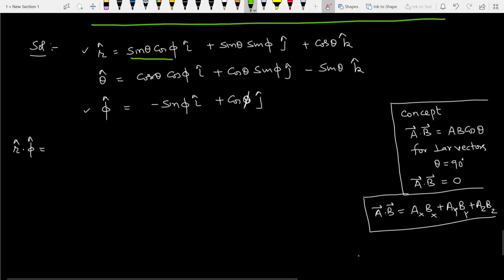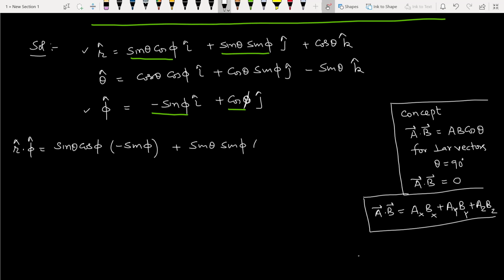Their dot product will be x component into x component, sin theta cos phi into minus sin phi, plus y component into y component, sin theta sin phi into cos phi, plus third component into, as here is no third component, so we write here 0 k cap, so it will be cos theta into 0.